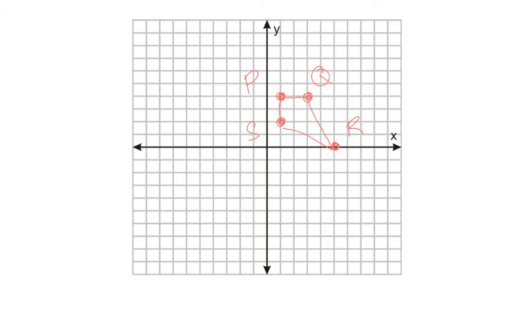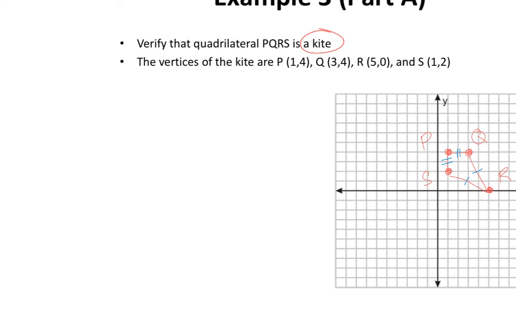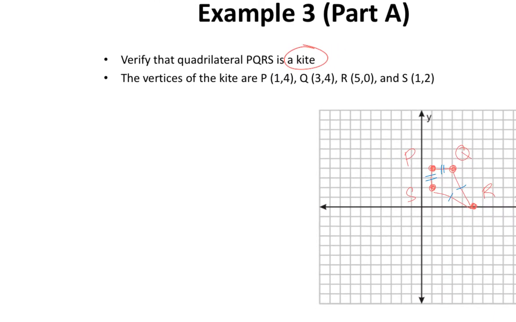Remember, adjacent sides in a kite are equal. So these two sides should be equal, and these two sides should be equal as well. Let's formulate a strategy for ourselves on the side. I'm going to find the lengths or distances of all of these line segments.